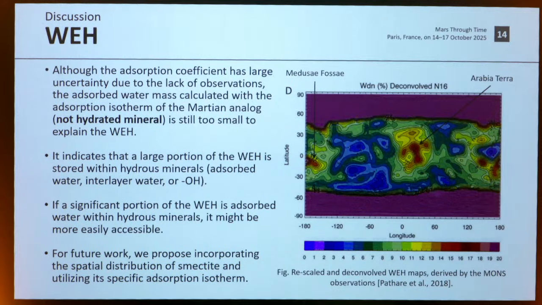This indicates that a large portion of this hydrogen is stored within hydrous minerals. But if a significant portion of the water equivalent hydrogen is adsorbed water within the hydrous minerals, it might be more easily accessible for future missions.